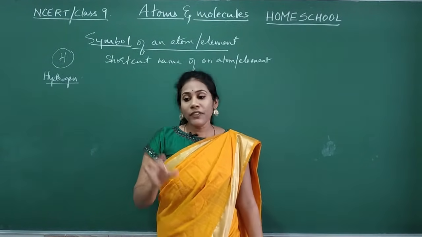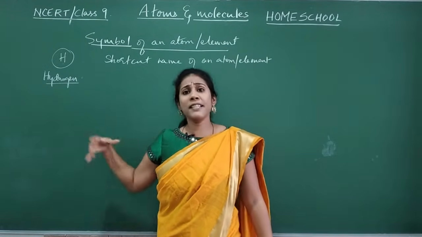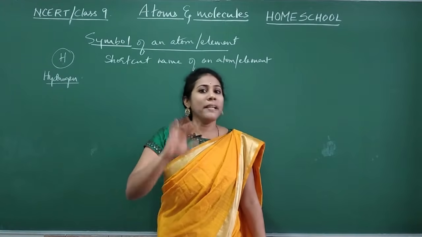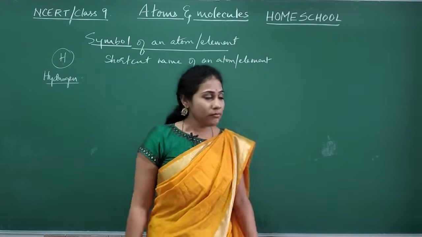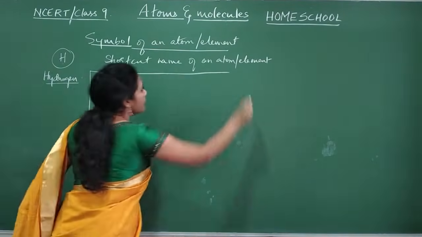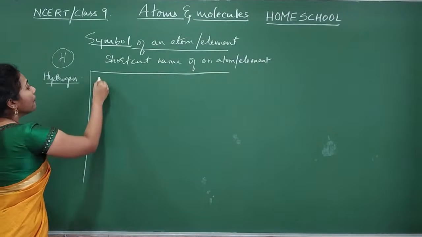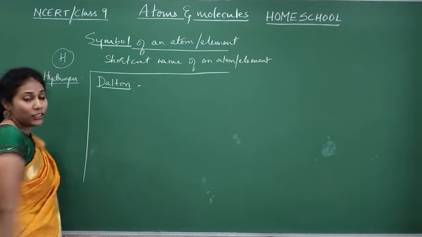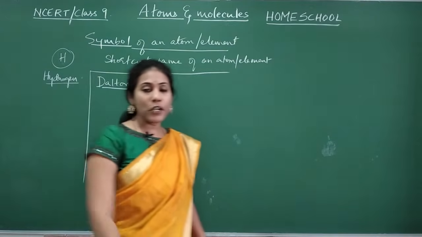Okay, and now we will see how the symbols have been originated. Some history behind the symbols we will learn. Fine. First and foremost, you know, a scientist called Dalton. He is the same Dalton who proposed Dalton's atomic theory.